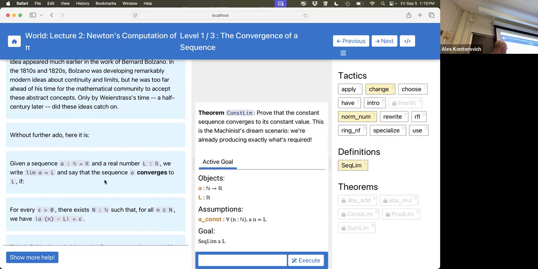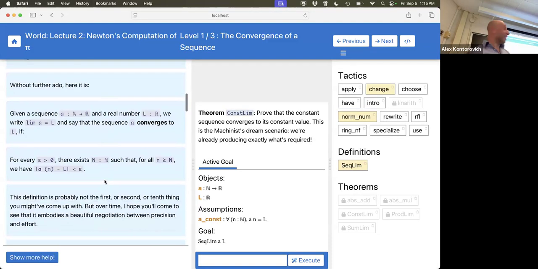I will write the limit of A equals L to say that the sequence A converges to L. And what does that mean? It means for every positive epsilon, there exists a natural number N, so that for all little n greater than capital N, A of that little n minus the limit L is less than epsilon. What the hell is going on? Let's take a step back.